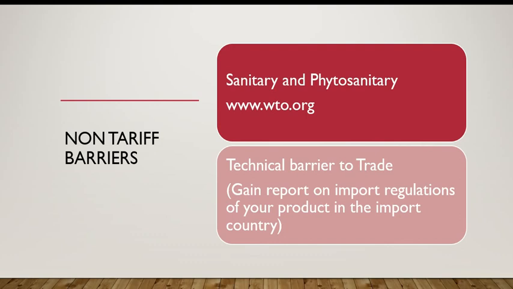Also, betel leaves from India or from Bangladesh are banned from entering the UK. So these are sanitary and phytosanitary measures. We should take immense care to make sure all the specifications of the product satisfy the SPS measures.